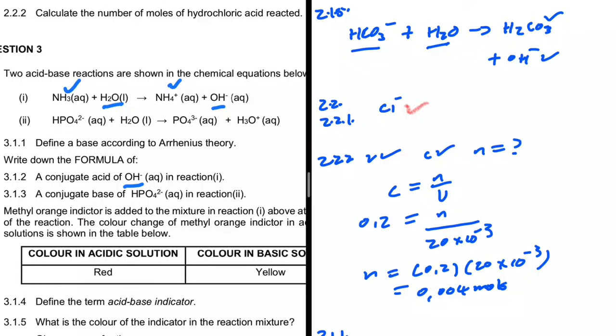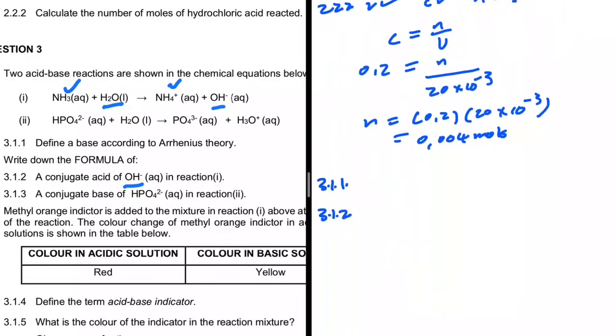That which donates, we know fully well that it is an acid. And the OH minus is a base because it is what is left after an acid has donated a proton. So the answer to 3.1.2 is H2O.